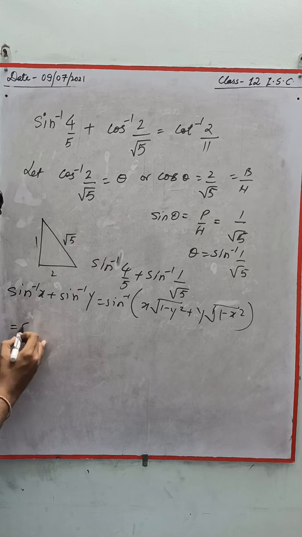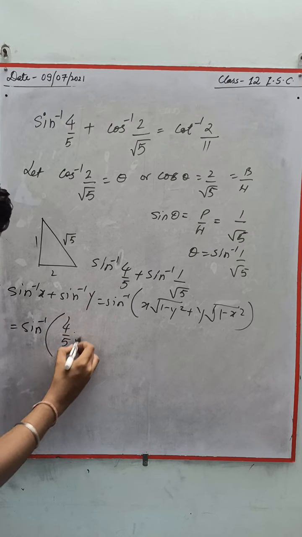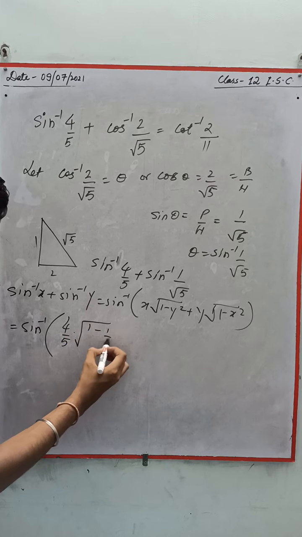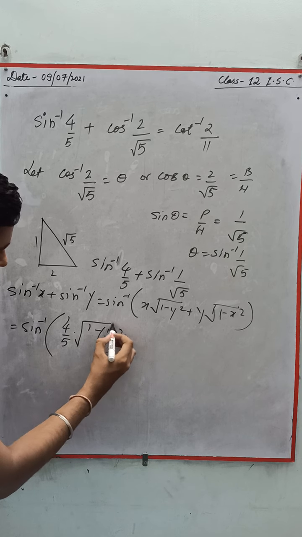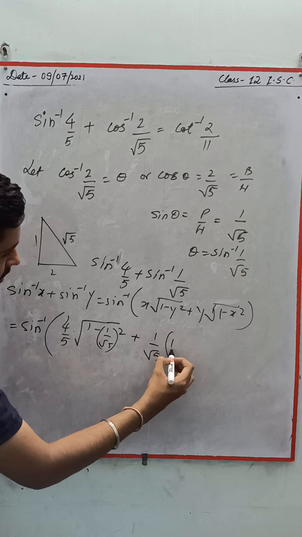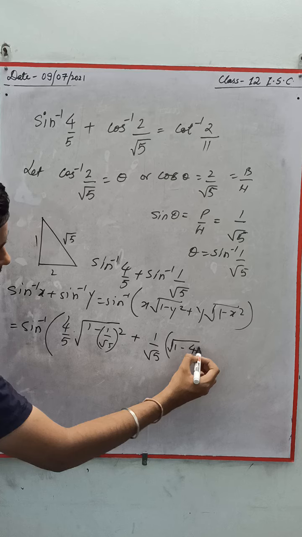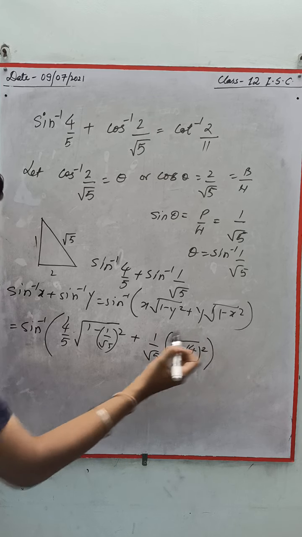On using it, we'll get sine inverse of x, our x is 4 upon 5, into under root of 1 minus y square, where y is 1 upon under root 5, the whole square, plus y, 1 upon under root 5, into under root 1 minus x square, in place of x square 4 by 5 the whole square.